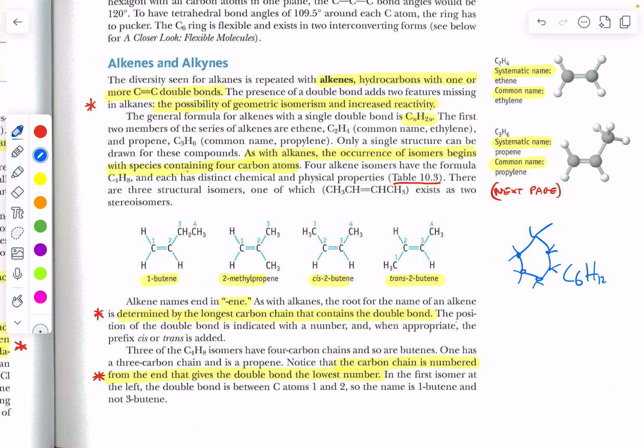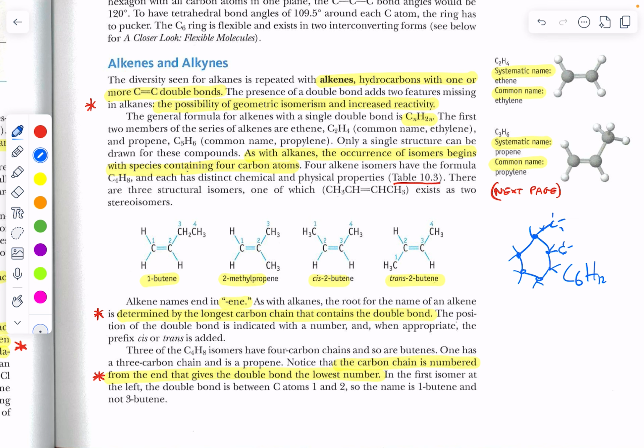But then if I remove a hydrogen and instead stick on a carbon with 3 hydrogens, otherwise known as a methyl, now you have methylcyclopentane. And you can have dimethylcyclopentane. If I stick another carbon here instead of a hydrogen, now I have dimethylcyclopentane, and I have to give an address for the 2 methyl attachments.